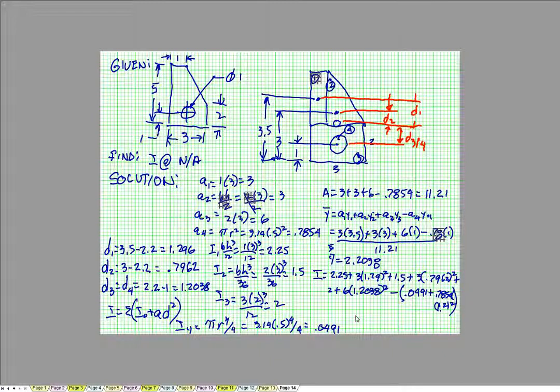Pretend that's all one thing. I equals 20.1998 inches to the fourth.